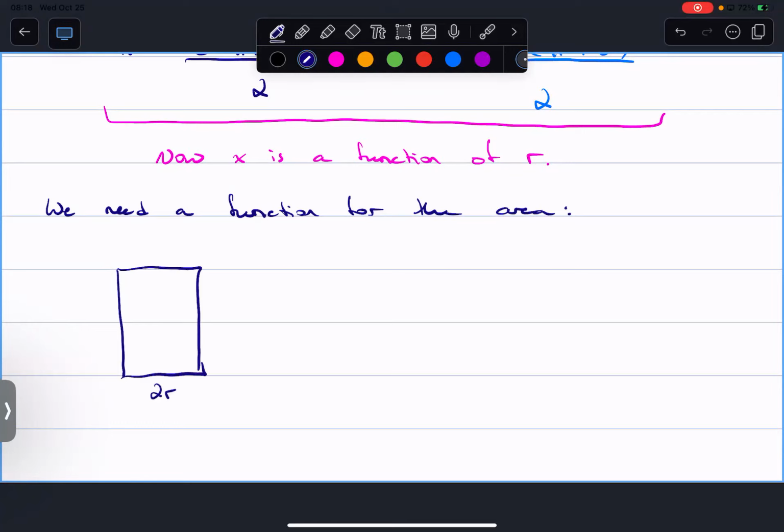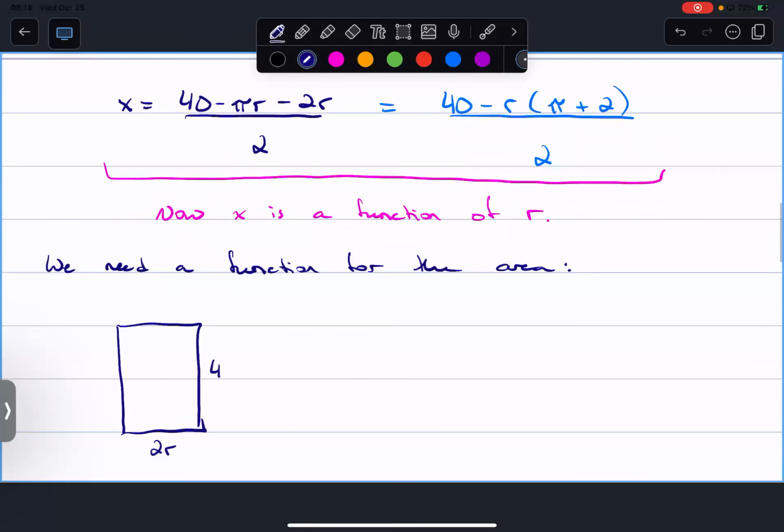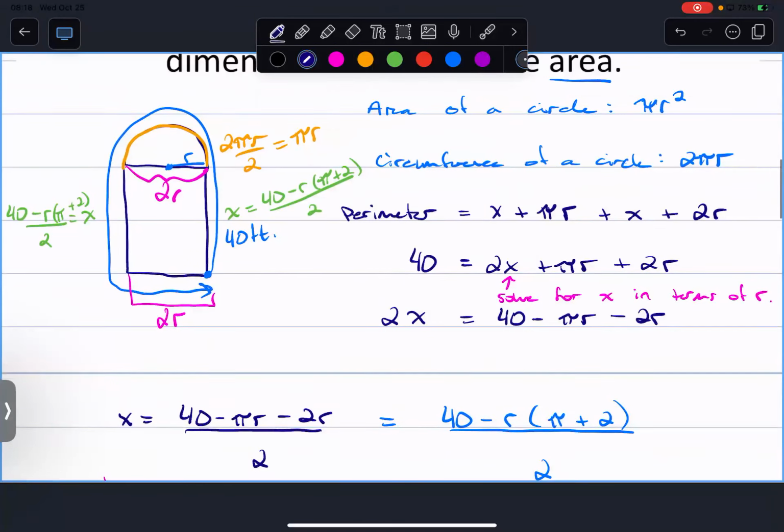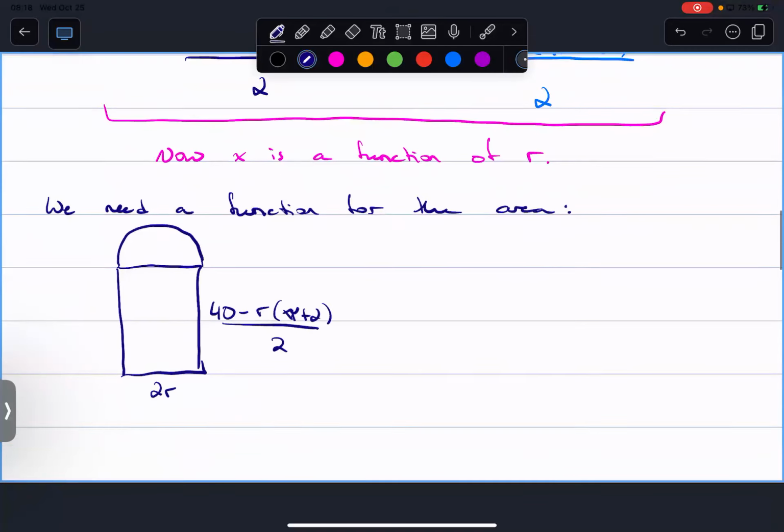This was 2r, and this was (40 minus r times (pi plus 2)) divided by 2. A little bit nasty. If you want to use x still, you can, and then substitute it later. And then this had the area of a circle, pi r squared.